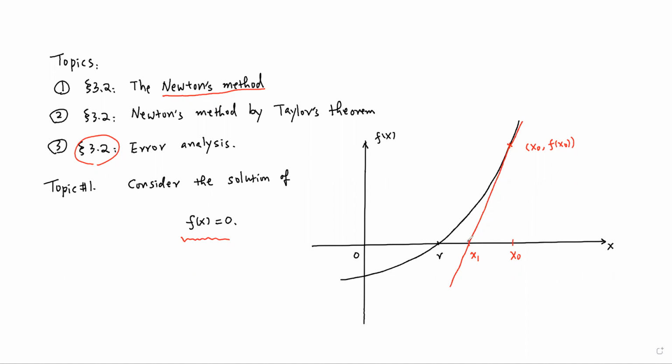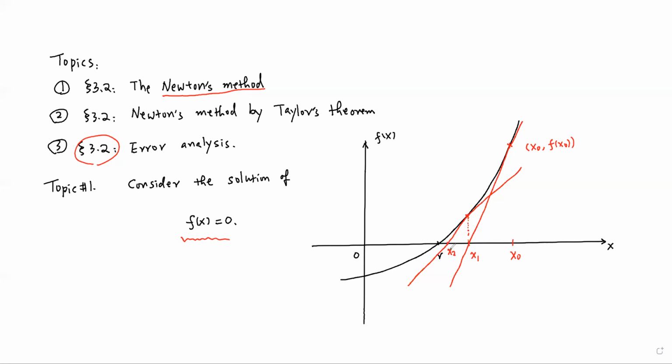Then at the point x1, we draw a tangent line to the graph. The tangent line will intersect the x-axis at a point, let me call it x2. And so on.